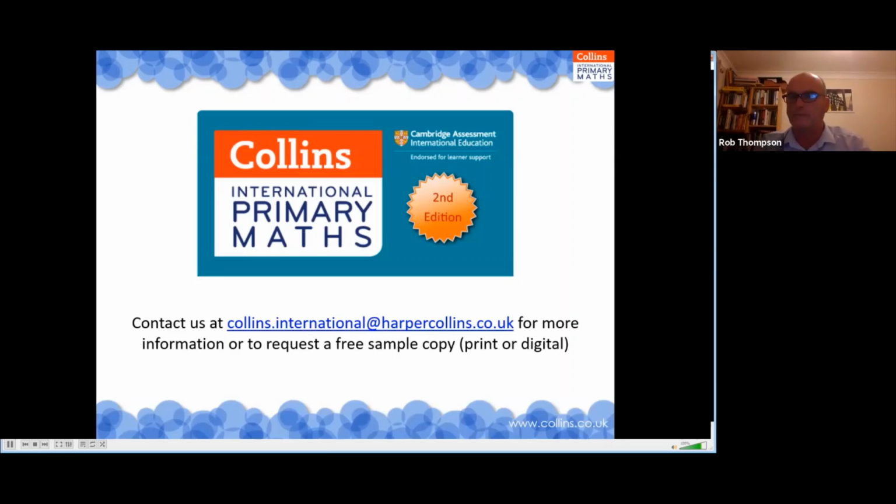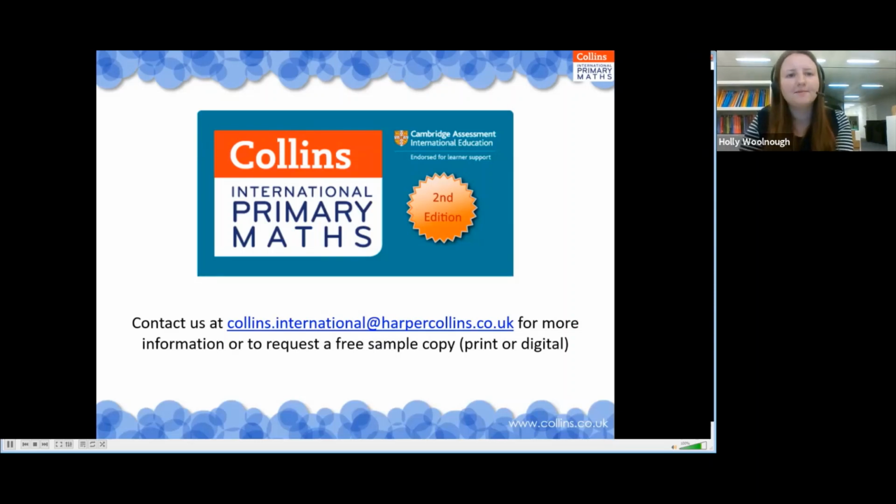I think hopefully there are new elements, and we've been able to learn from feedback from teachers that have used the course to hopefully mean that the book is more effective than the first edition. Obviously, as we're getting the Cambridge endorsements through, it offers full coverage of all of the learning objectives, so you will be able to fully teach the Cambridge curriculum with the Collins course.